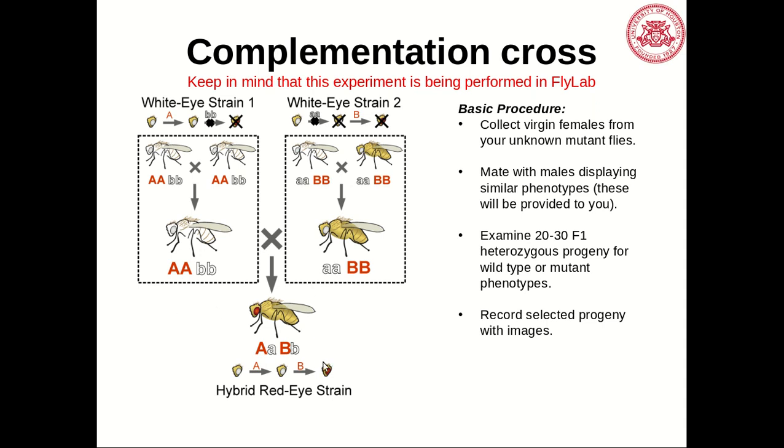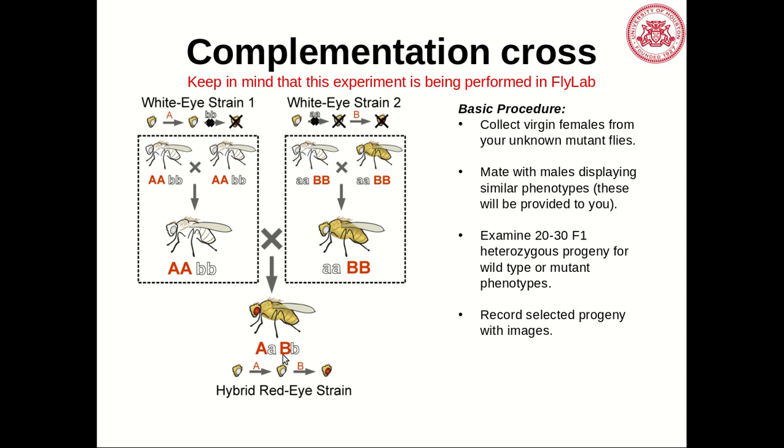But if you cross these two, what do you get? You get a big A, little b, and a little a, big B. So ultimately, what you end up with is a big A, little b, and a big B, little b fly, and you end up with something very similar. You get a heterozygote at both loci, and with heterozygotes at both loci, the dominant gene, of course, is in charge.